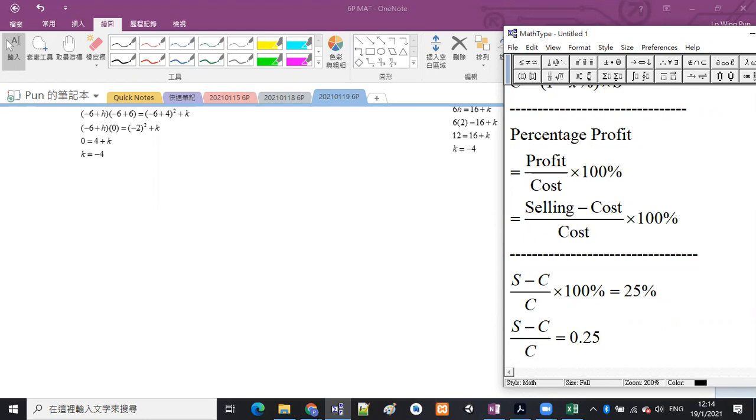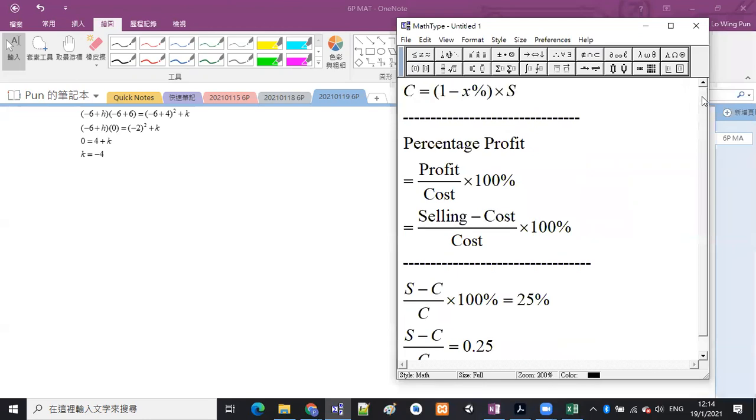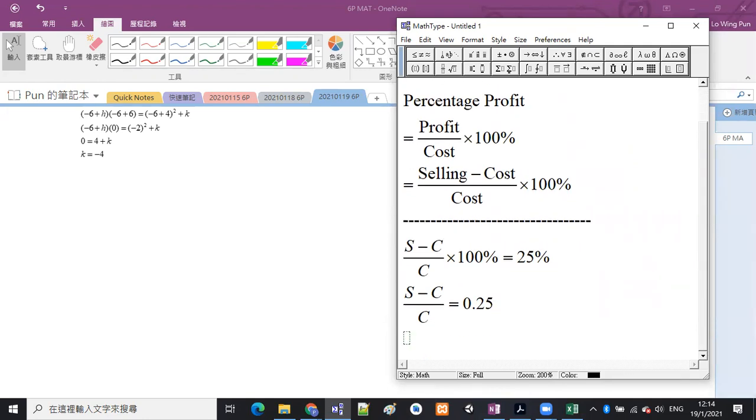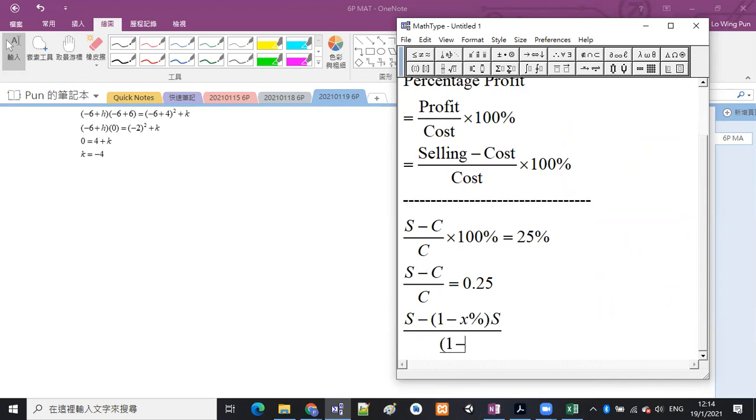Our preparation was C equals (1 − X%) times S, so we can replace C with (1 − X%) times S. It's (S − (1 − X%)S) over (1 − X%)S equals 0.25.